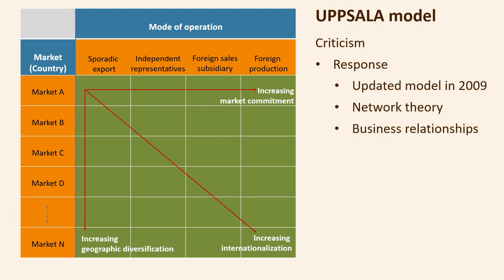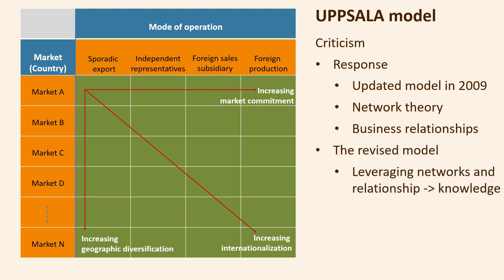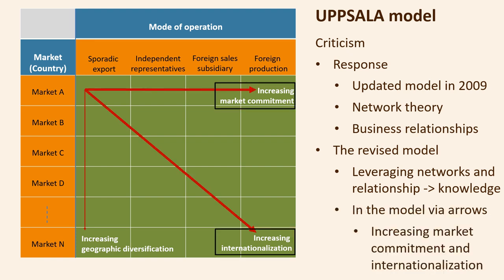In response to these criticisms, Johanson and Vahlne updated the model in 2009 and incorporated network theory to reflect the importance of business relationships and networks in internationalization. The revised model recognizes companies can accelerate internationalization by leveraging networks and relationships to access resources, knowledge, and opportunities.